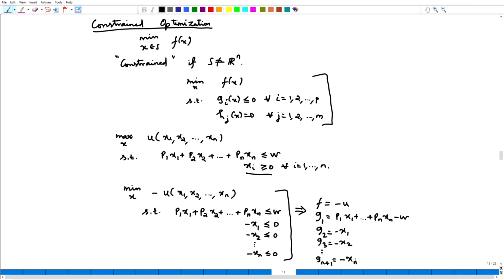So this is a problem with p equal to n plus 1 and m equal to 0, because you do not have any equality constraints.